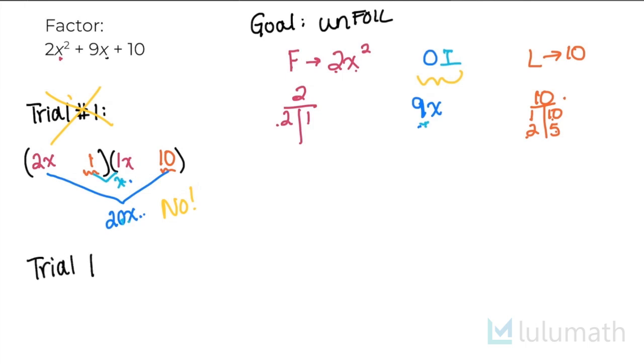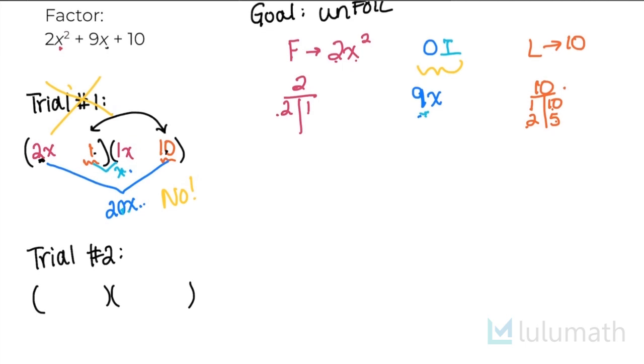So trial number 2. Now, because this has a 2x right here, when we first did this, if I swap the 10 with the 1 right here, now I'm going to be multiplying the 2x by a different number. So I'm going to try to swap the 1 and the 10 first before I try any other combinations. So I'm still going to keep this 2x here, and I'm still going to keep this x here, but instead of 1 and 10, I'm going to do 10 here, and I'm going to do 1 here.